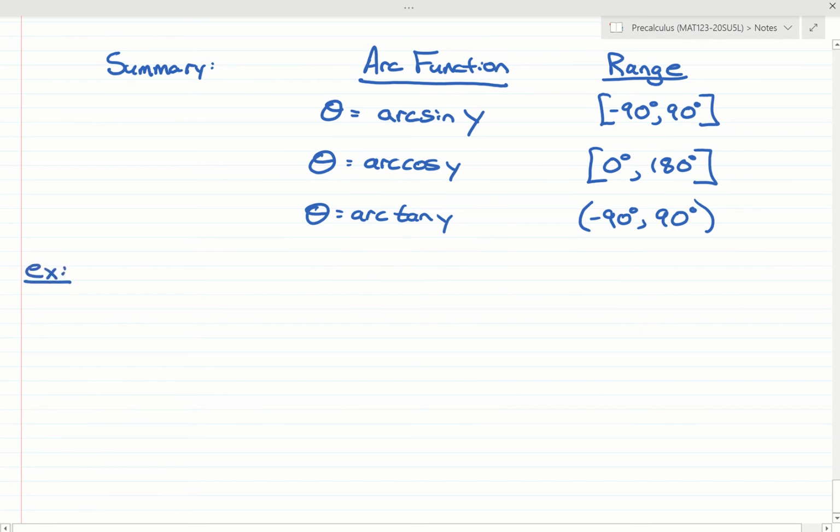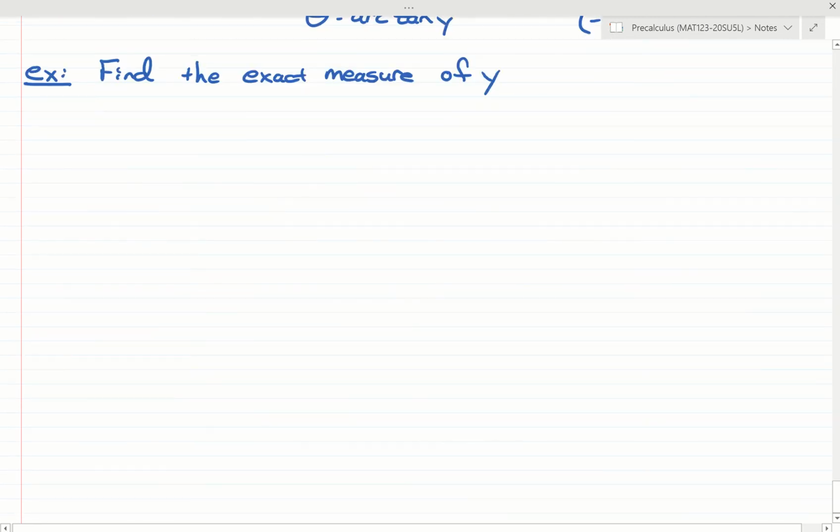So let's do some mixed examples here. Find the exact measure of y. Keeping in mind arc is more restrictive than inverse. So what if I asked you y is equal to the arc cosine of 0?